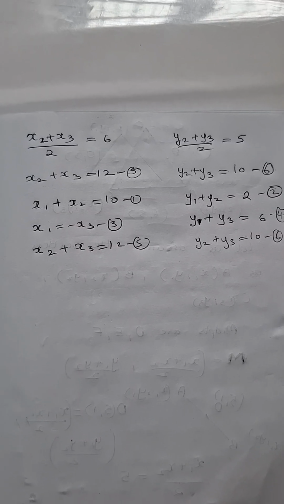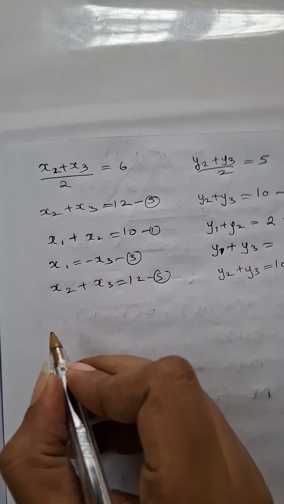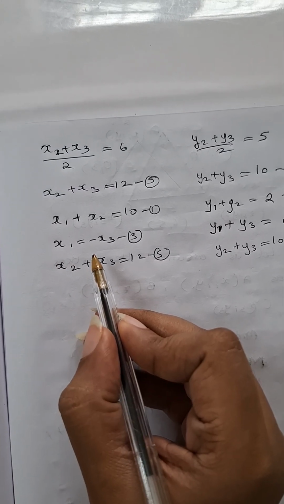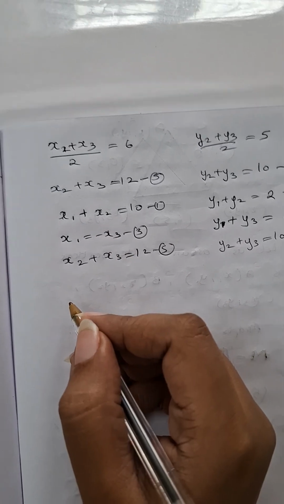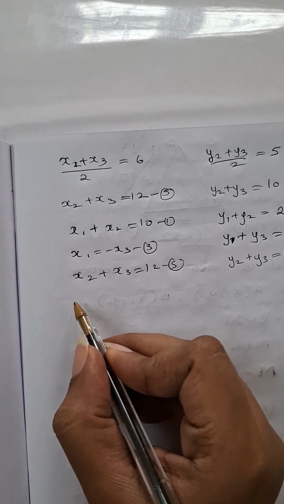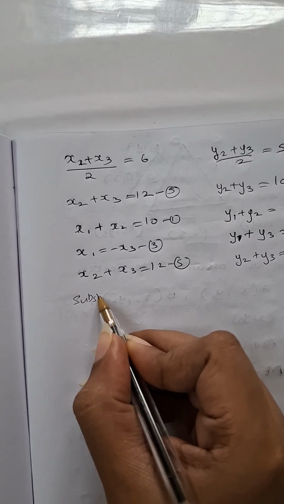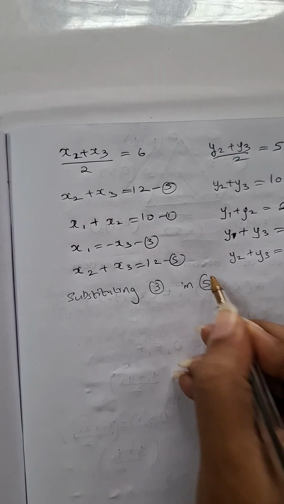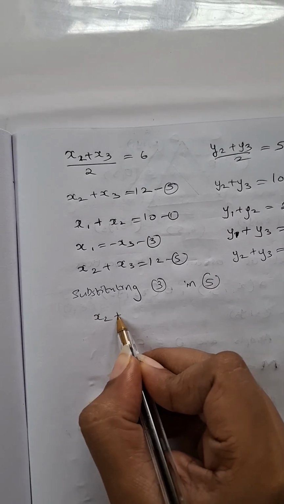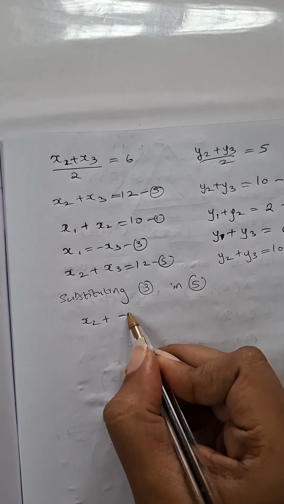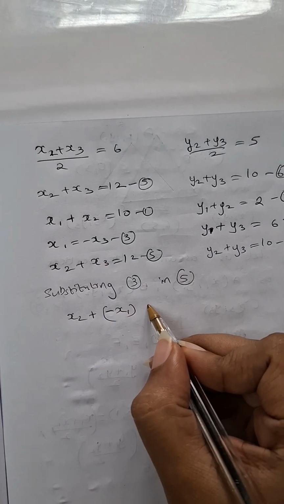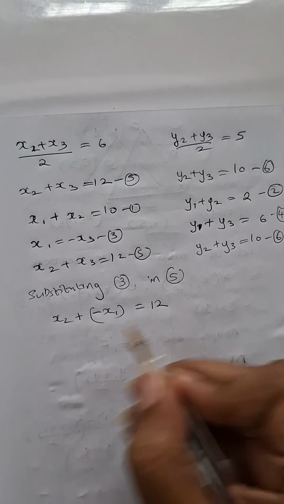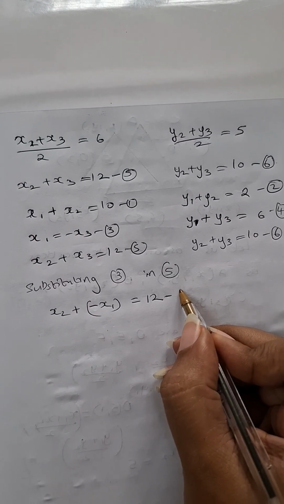So these are the equations which we derived from this. So here we can find x1 is equal to minus x3. So we can substitute it in the fifth equation. Substituting 3 in 5, we will get x2 plus minus x1 is equal to 12. So equation 7.